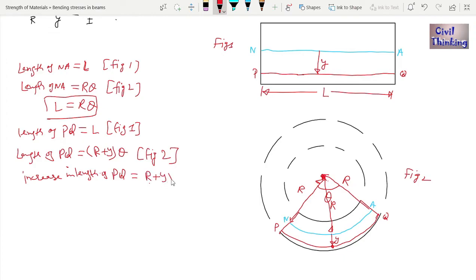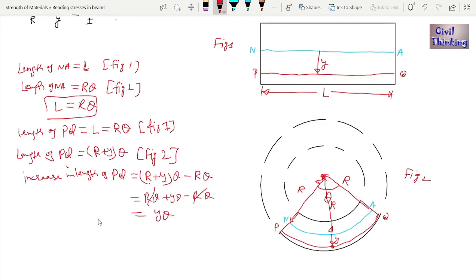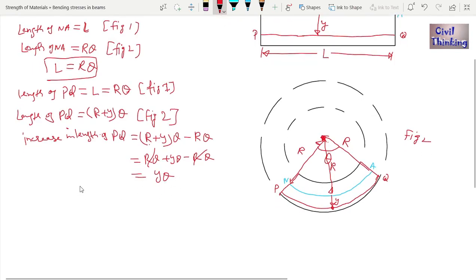So it will be (r plus y) theta minus L. But we know L is r theta, so in place of L I can write r theta. Now (r plus y) theta is r theta plus y theta, minus r theta. The r theta cancels out, and we are left with y theta. This is the increase.